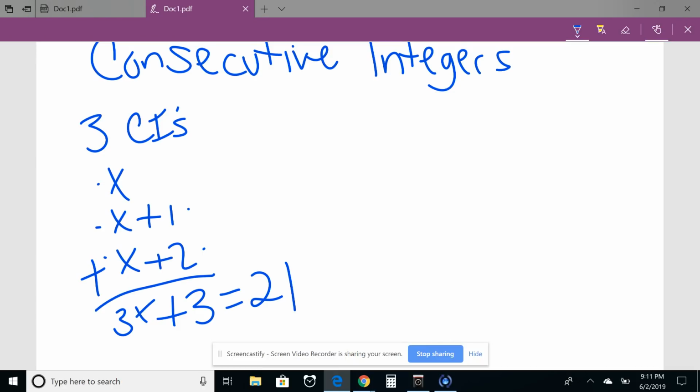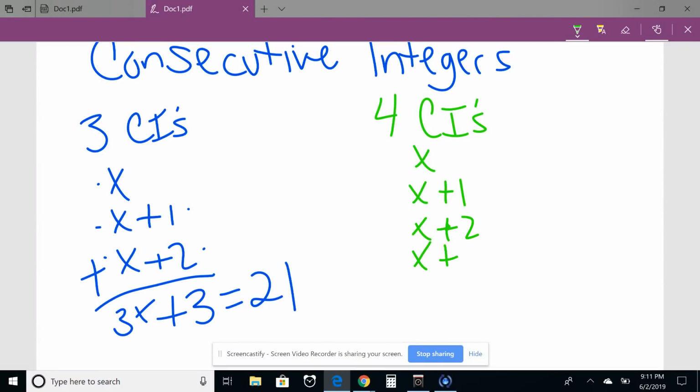If I wanted an equation where you had 4 consecutive integers whose sum is 86, you would set it up x, x plus 1, x plus 2, and x plus 3.